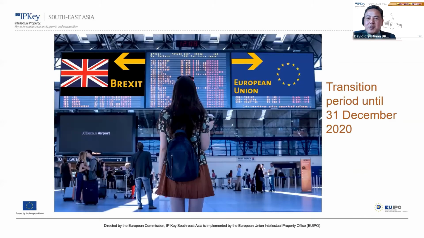I'm sure you've heard about the Brexit, that the UK will leave the European Union. And of course, this has several consequences for IP rights. It's also for the representatives who are from the UK, and the applicants who are from the UK.